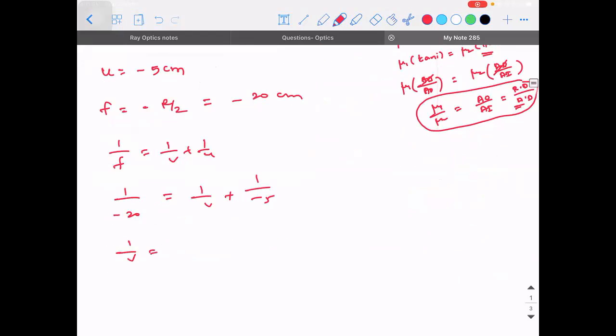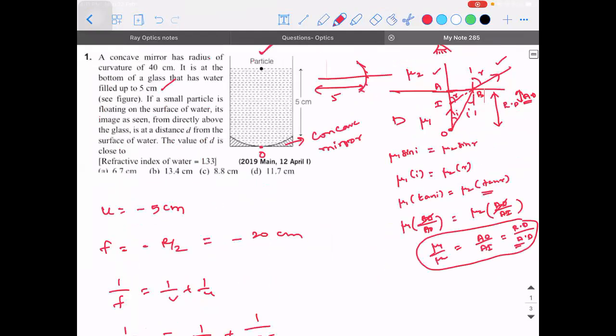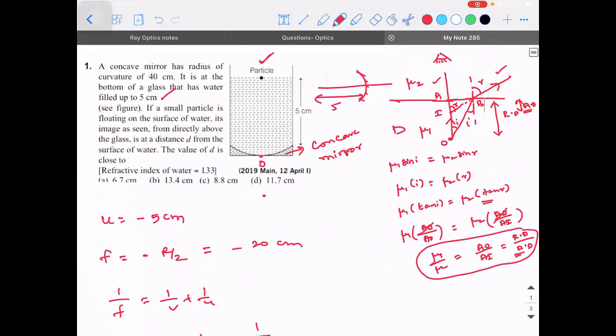So 1 by v is 1 by 5 minus 1 by 20, that will be 15 divided by 100, or 3 by 20. Okay, v will be 20 by 3 centimeter. So where is 20 by 3? It is somewhere over here because the answer came out to be plus.